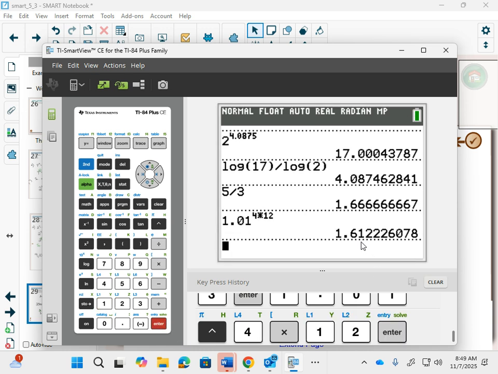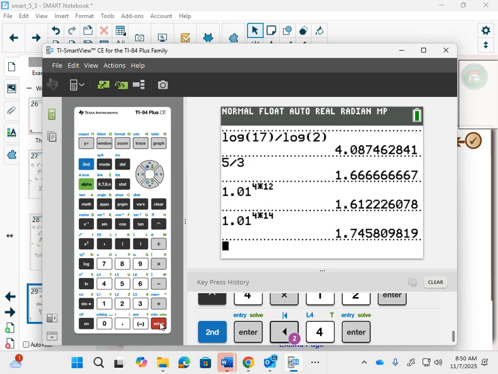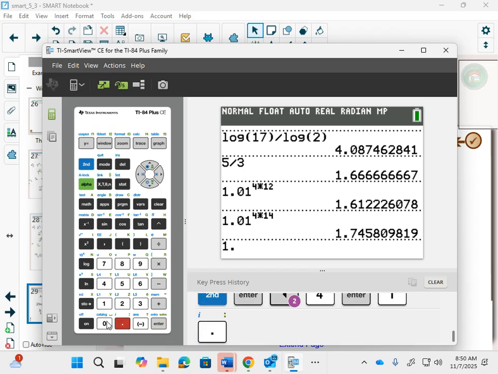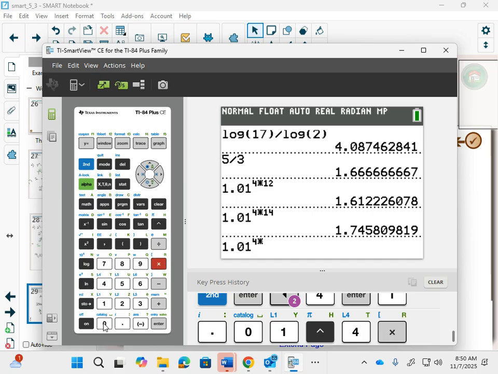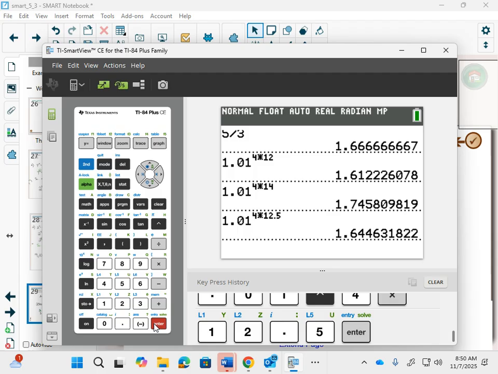We're close. You got 1.61. So now I'm going to check 14 years. Too big. So we could try 12 and a half years? Ooh, even closer.